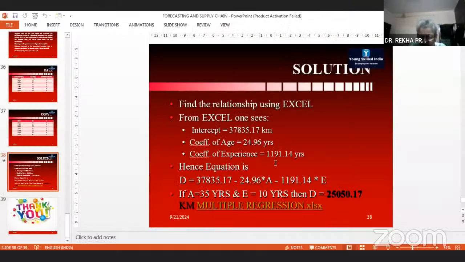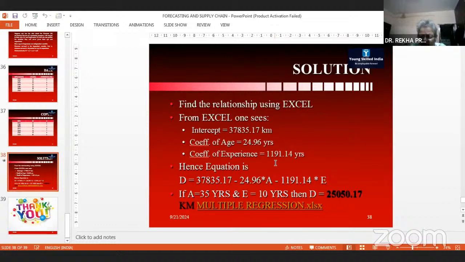So here from that Excel sheet I have seen that intercept comes out to be 37,835.17 kilometers. Coefficient of age comes to be 24.96, and coefficient of experience comes out to be 1,191.14.